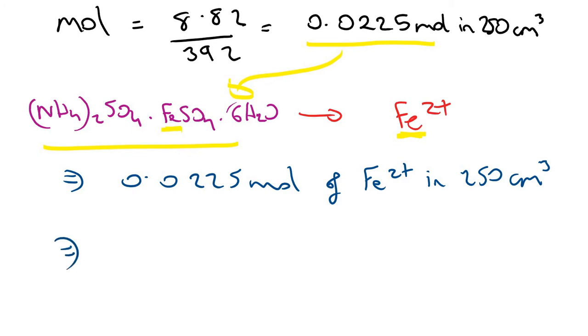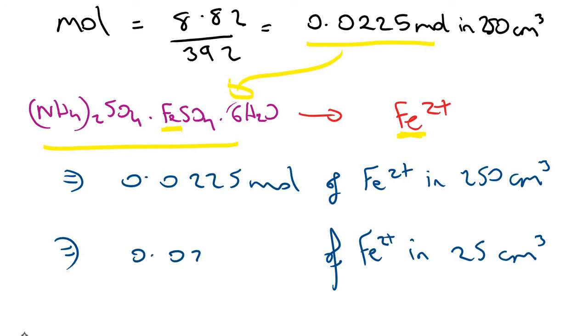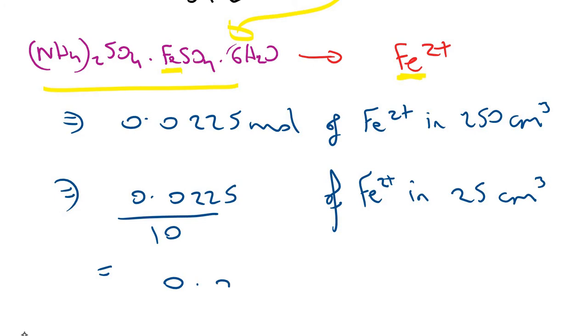So therefore, in 25 centimeters cubed, there are 0.0225 divided by 10, which equals 0.00225 mole, which equals 2.25 by 10 to the minus 3.